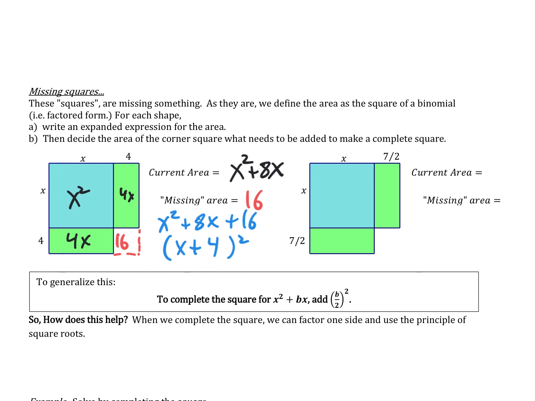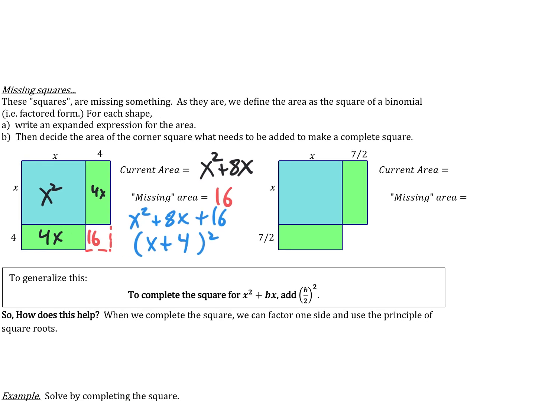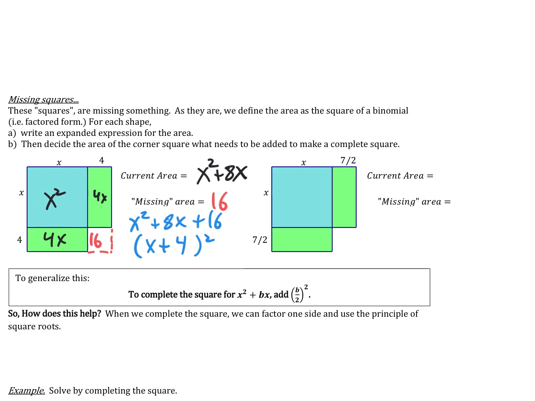Great. Well, what if we had some fractions? Uh-oh. Time for some fraction action. All right, what do we got here? Here we have x squared. Here we have 7 halves x. And over here we have 7 halves times x. Again, we're missing some.